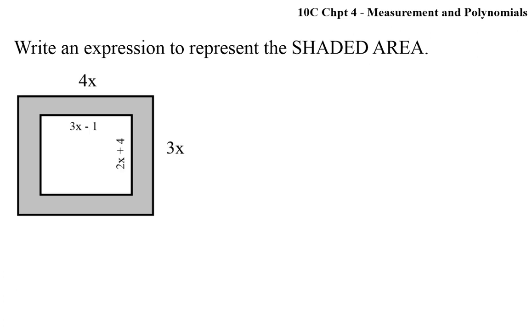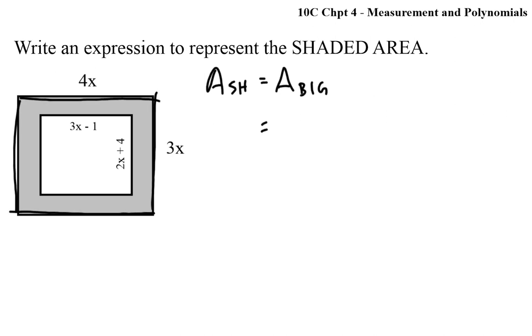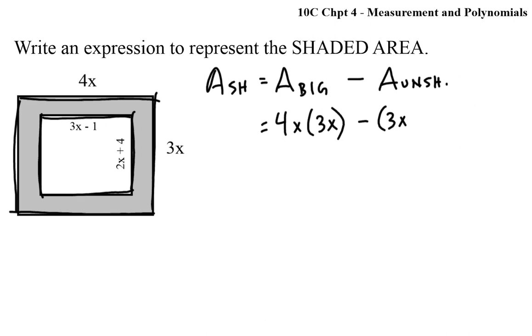So here's another shaded area question. We just talked about shaded area questions, so it shouldn't be too complicated. Again, for the shaded region, we want the area of the big shape, which would be this entire rectangle, length times width, and we want to subtract the unshaded part, which is a smaller rectangle, which would be length times width as well.